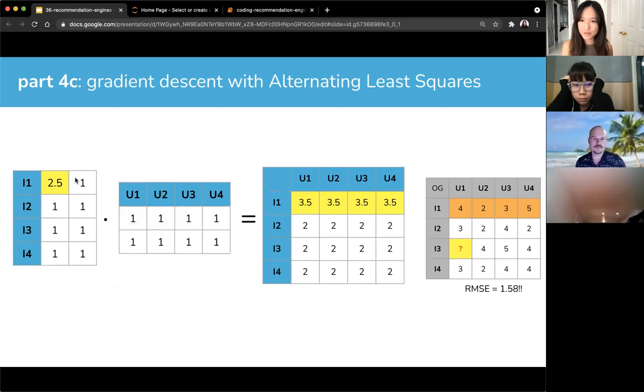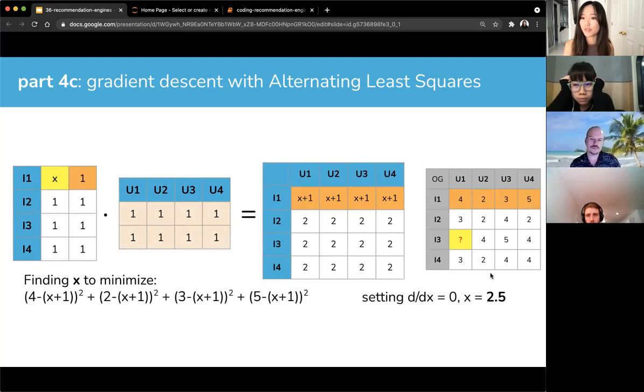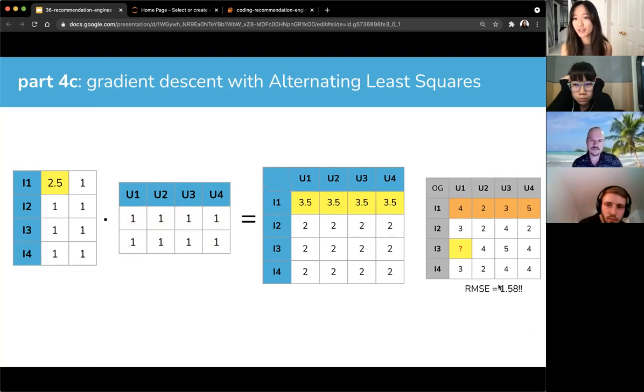If I replace this with 2.5 and multiply it out again, our RMSE has actually gone down from 1.75 to 1.58. So that's kickstarting the gradient descent process. Our cost function is getting smaller and smaller.